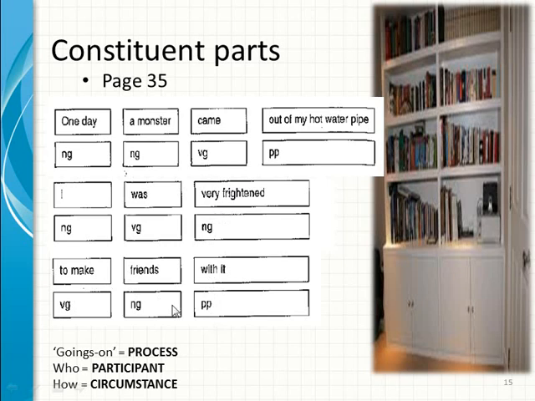Okay, so from this we have the verbal groups came, and then was, and then to make, and those verbal groups are called going-ons, and we call them process. So process is the verbal group, and we'll discuss more about processes in the next material. And then we have participant, which is about subject and object, or who. Here we have a monster as the participant, and then I as the participant, friends as the participant.